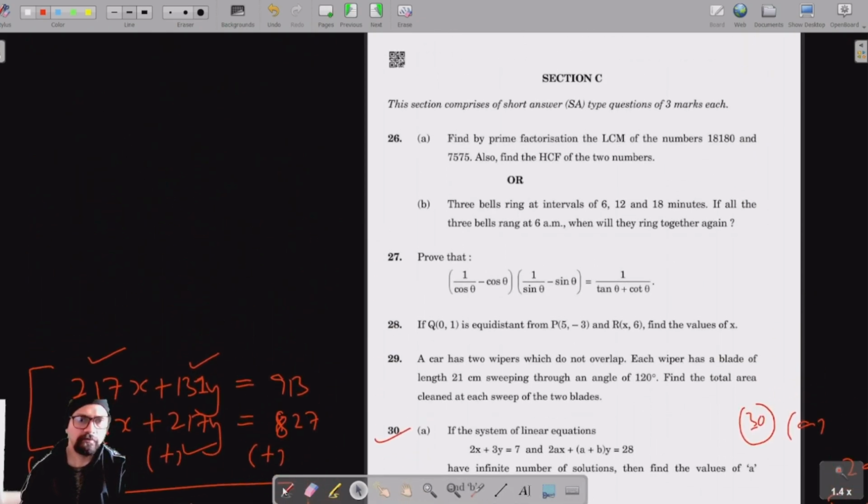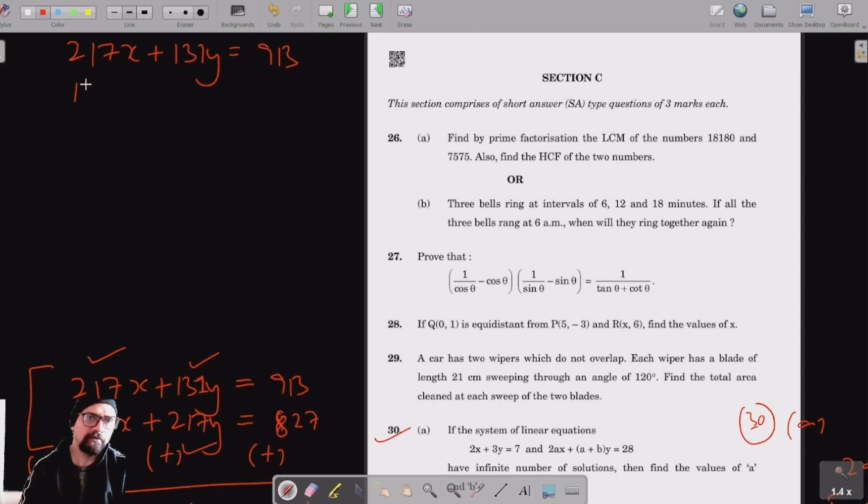So this is 217x plus 131y is equal to 913, and this is 131x plus 217y is equal to 827.